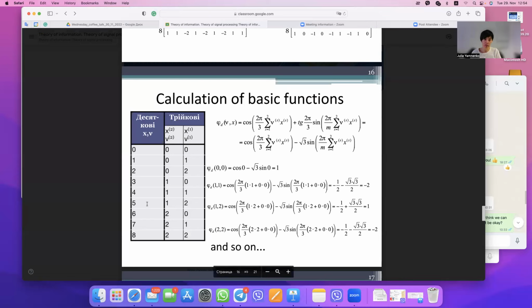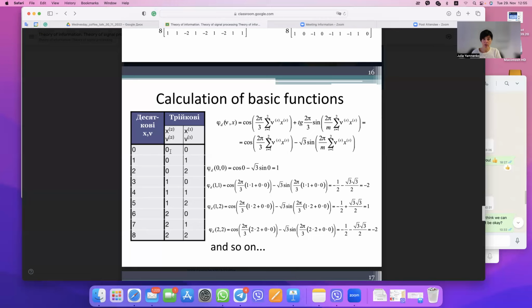Here in the table you can see the representation of decimal numbers x and nu from 0 till 8, because for this example we have only values from 0 till 8. For each of them there is a representation in a ternary system. Ternary means a counting system with the base 3.